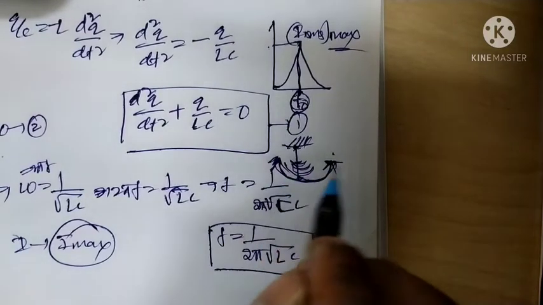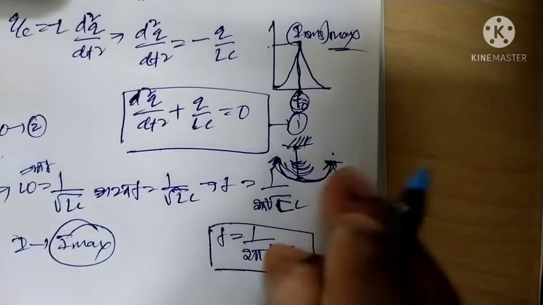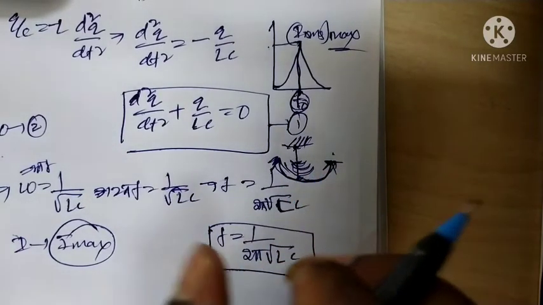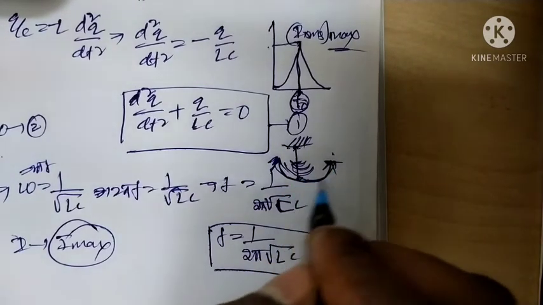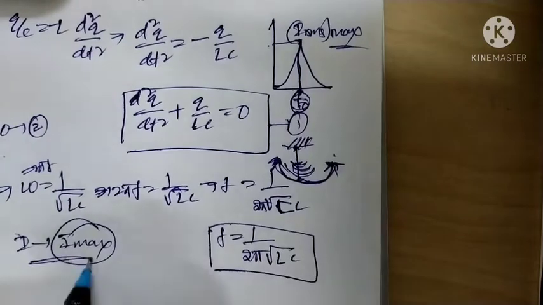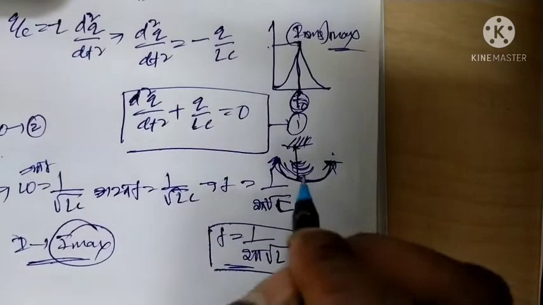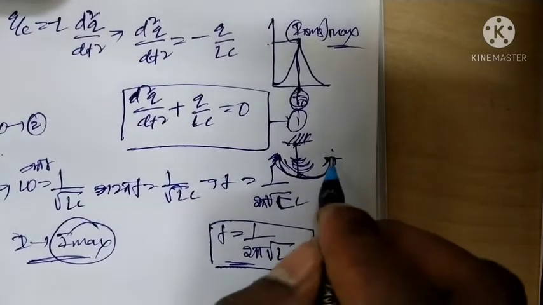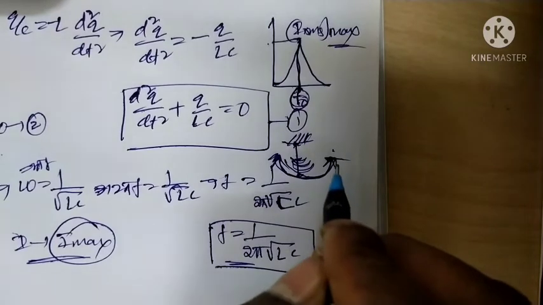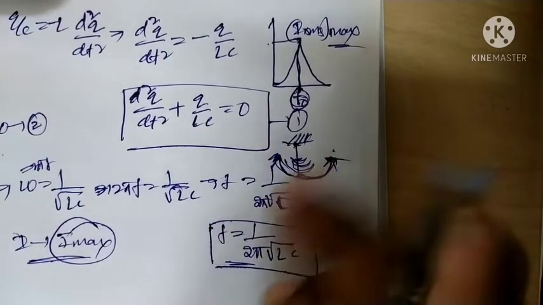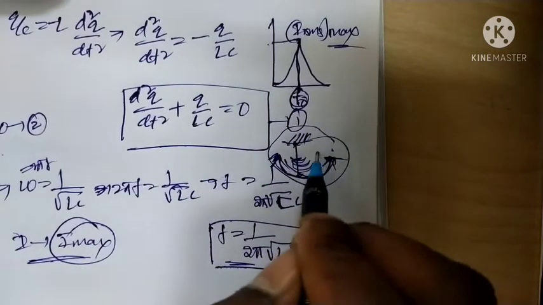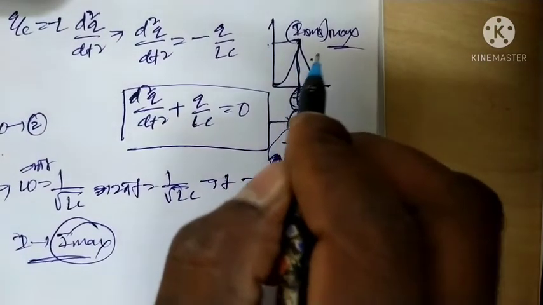That means it is damping, the oscillation decreases and the amplitude decreases. So we get maximum amplitude or maximum current at resonance frequency. At this point we get the highest amplitude, and highest amplitude means highest current. This is the mechanical case, and this is the electrical case.